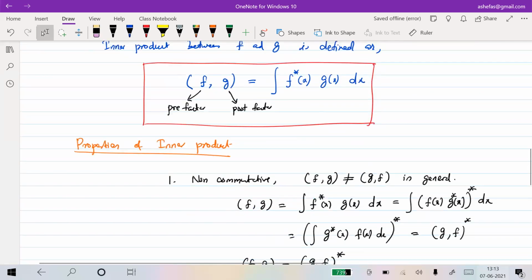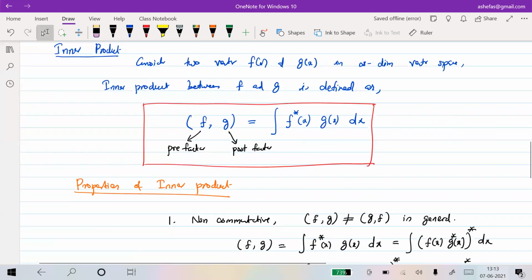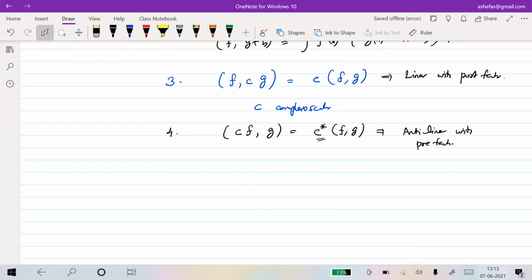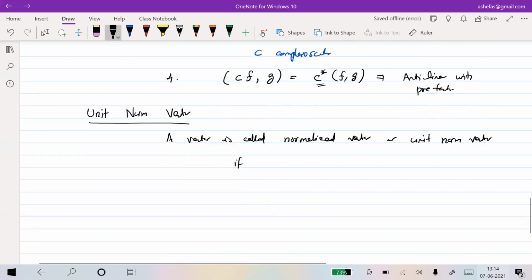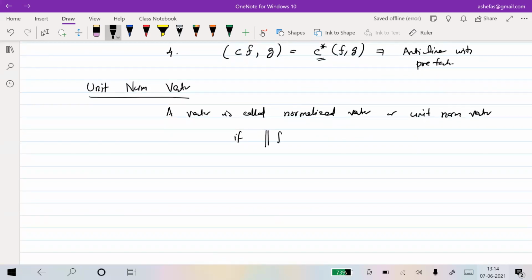Okay, now finally we have to introduce one more concept, what is called unit norm vectors. A vector is called a normalized vector or unit norm vector if its norm is unity.